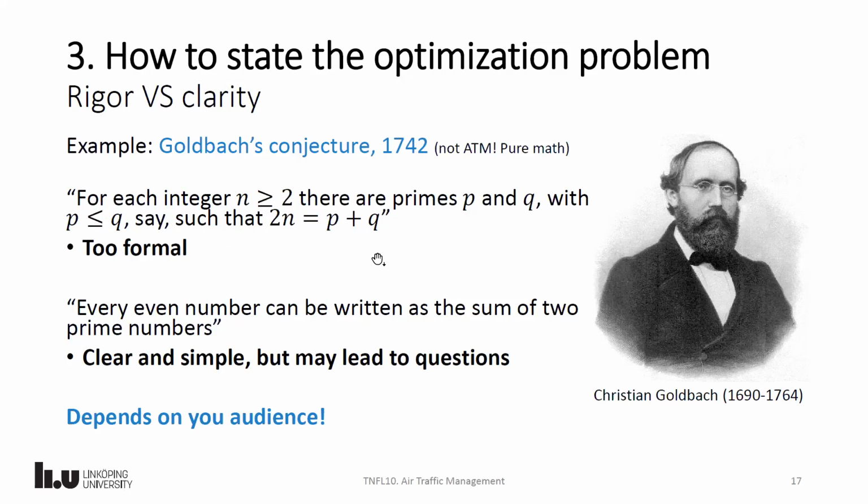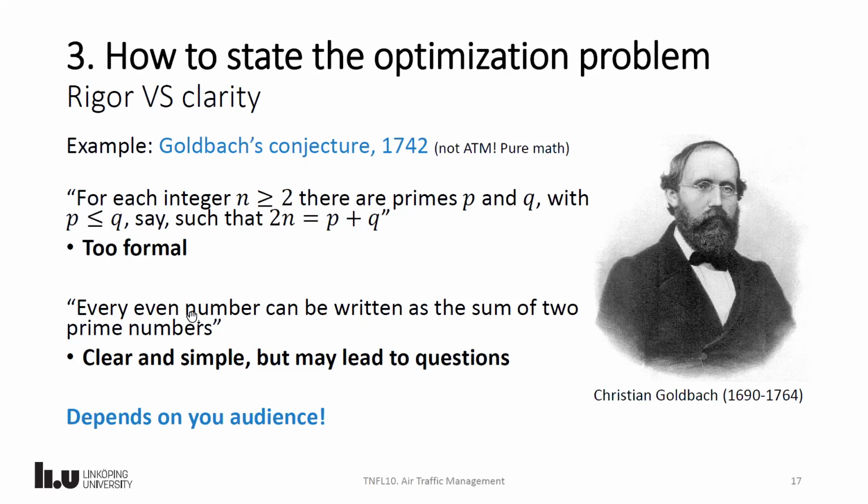But for the general public, it's not as easy to see. And the clear and simple explanation would be: every even number can be written as a sum of two prime numbers, which is very simple to understand, it's very clear, but it may lead to questions for people that know more about the subject, or even for people that don't know that much, but they are trying to understand the problem better.